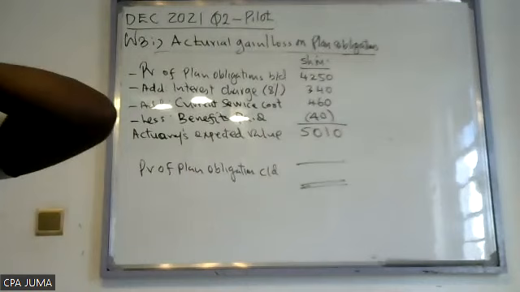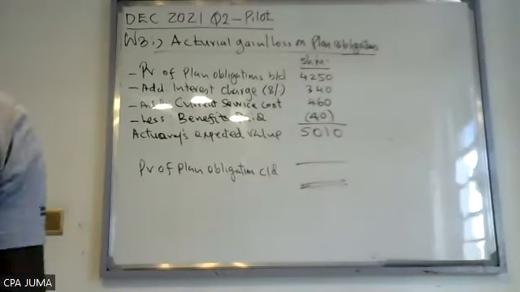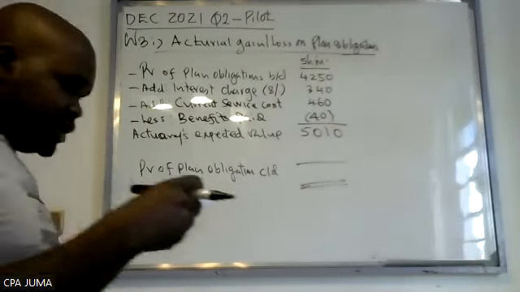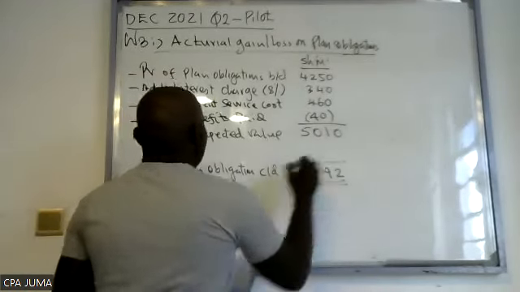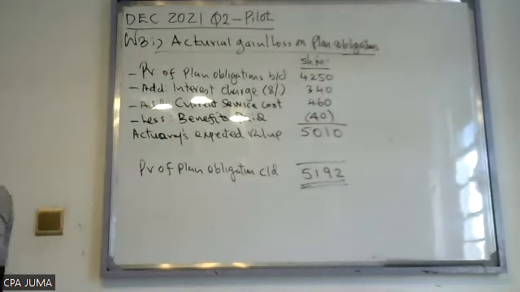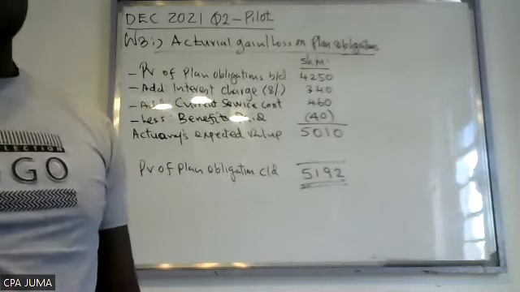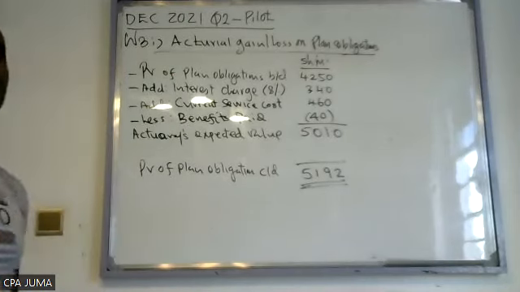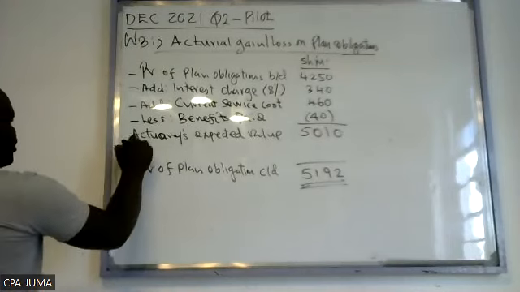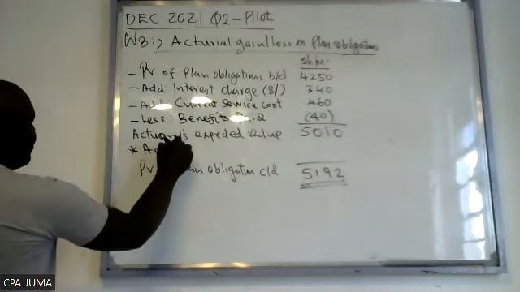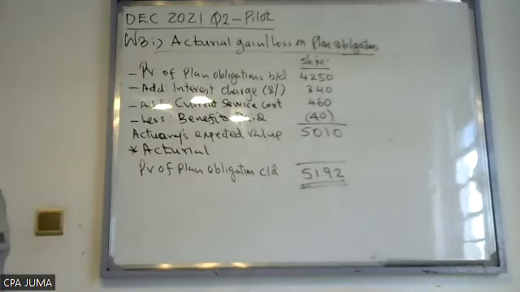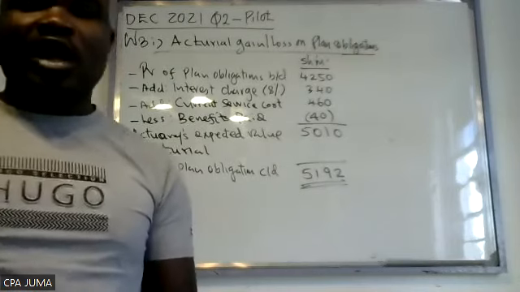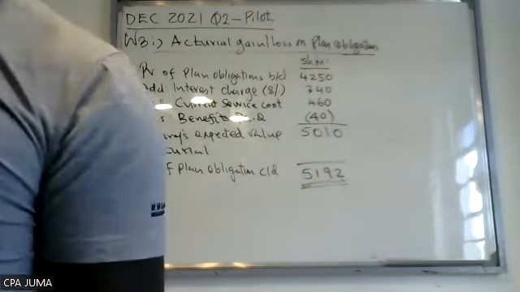How much was it? In note 5, just check, second last, 5192. Are we reporting a gain or a loss, and by how much? So we are talking of actuarial gain or actuarial loss, and by how much?